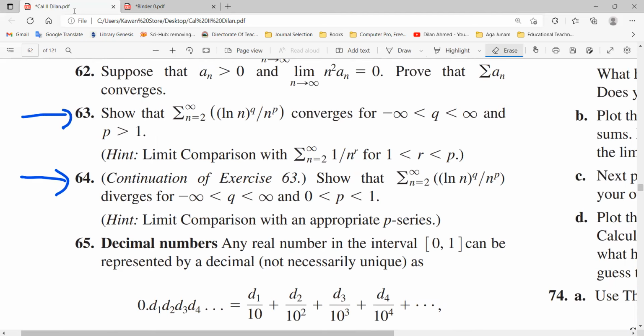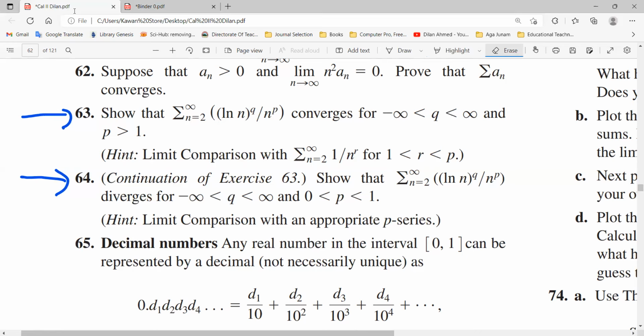Now, show that. Let me say we have ln of n to the q over n to the p, q between infinity and minus infinity, and p greater than 1. Hence, limit comparison test with 1 over n to the r, where r is between 1 and p. What do you mean by that? Isn't it hard?